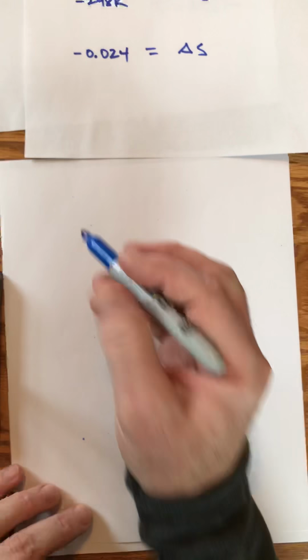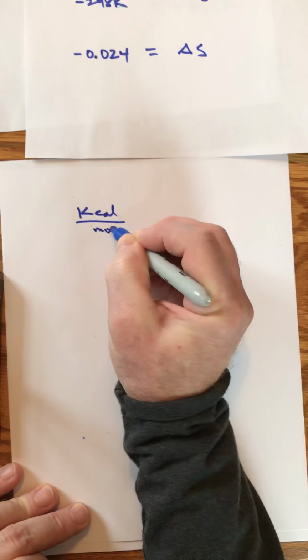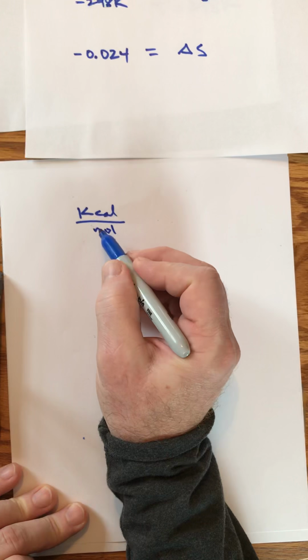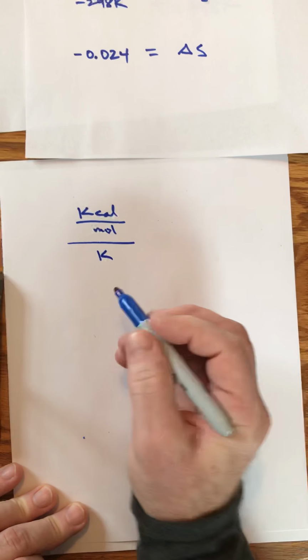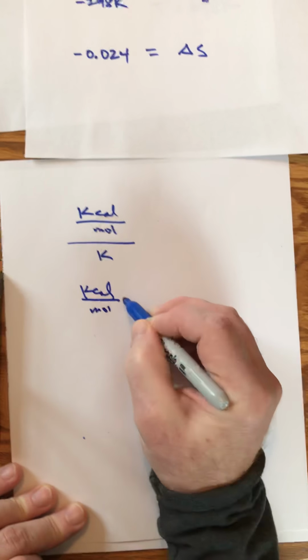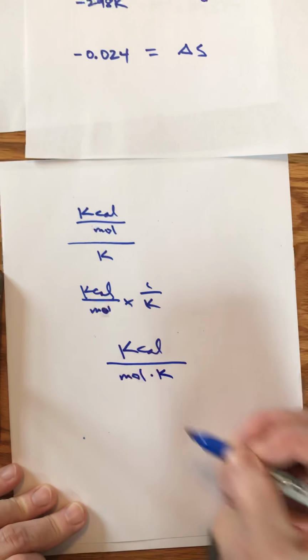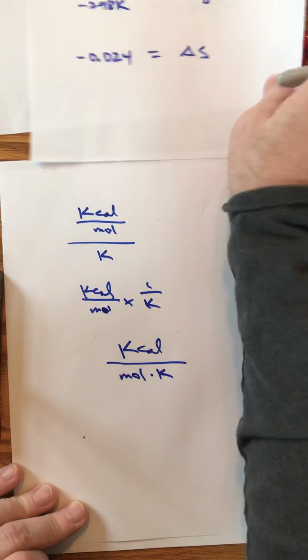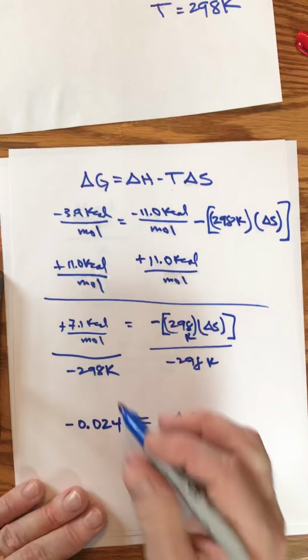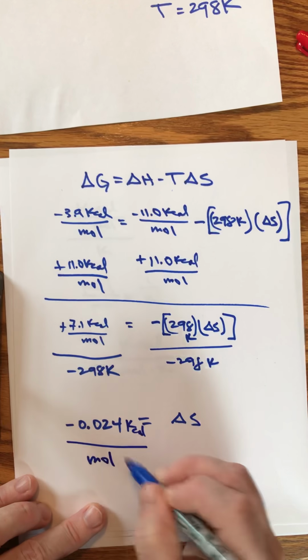Dimensionally, if I have kcals per mole divided by Kelvins, that's the same thing as kcals per mole times 1 over Kelvin. So my units turn out to be kcals over moles times Kelvin. So 0.024 kcals per mole dot K.